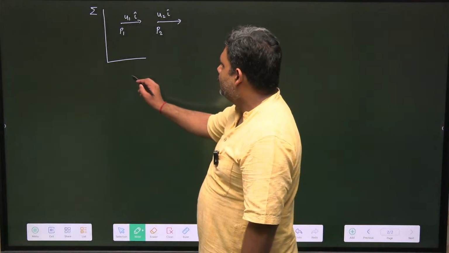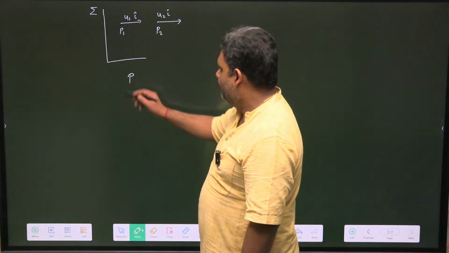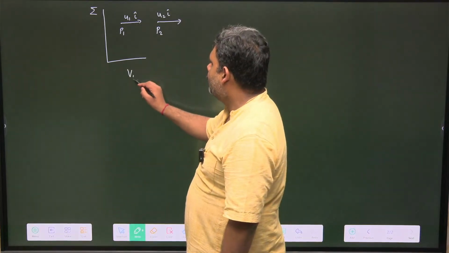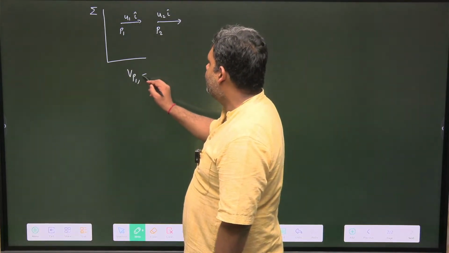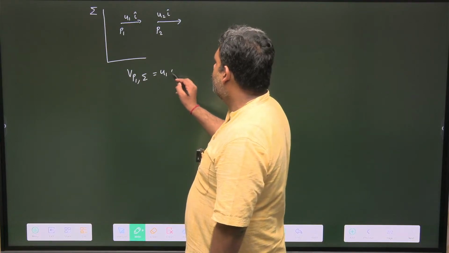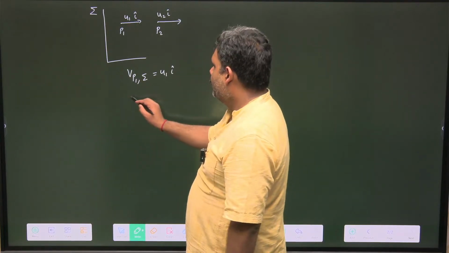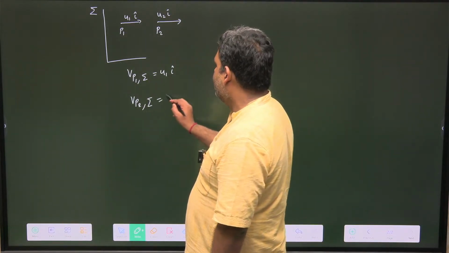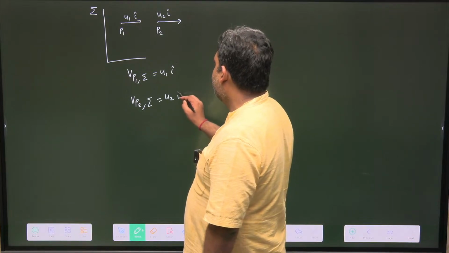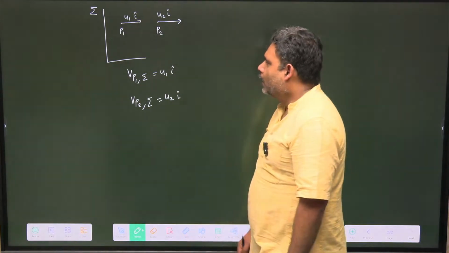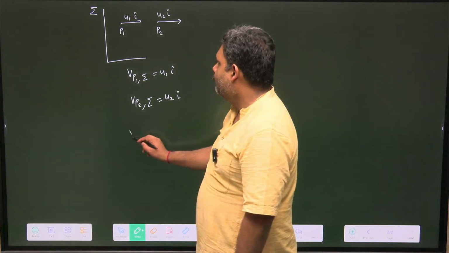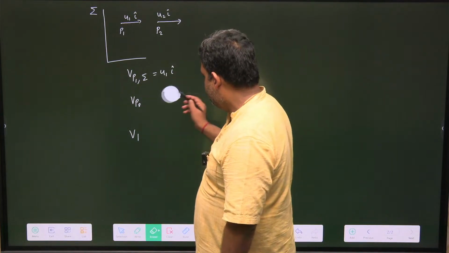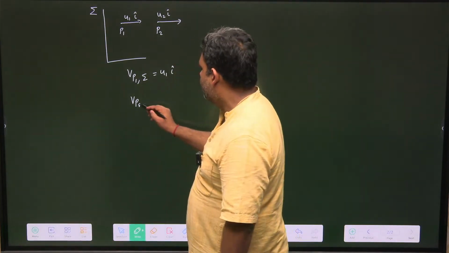So what is this story? We have to write first: velocity of p1 with respect to sigma is equal to u1 I cap direction. Velocity of p2 with respect to sigma is given u2 in I cap direction. Sorry, it is not with respect to sigma, it is with respect to p1.